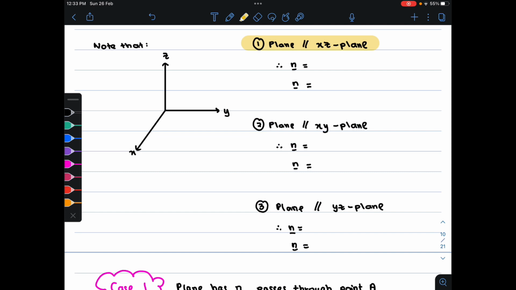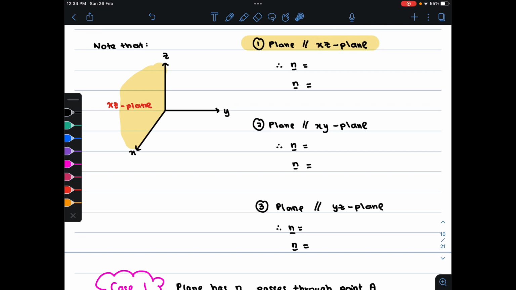Say for example, we have a plane that is parallel to the XZ plane. This is the x-axis and this is the z-axis. Therefore, this will be the XZ plane. So, if you have a plane that is parallel to the XZ plane, the normal vector of this plane will be the same as the normal vector of the XZ plane.